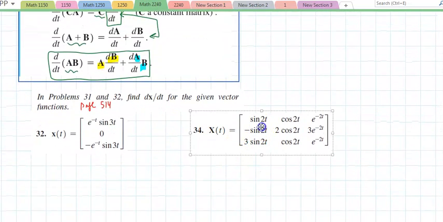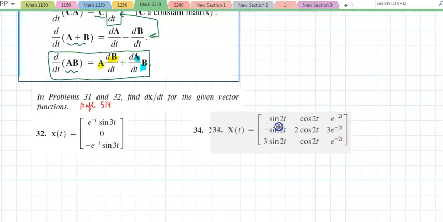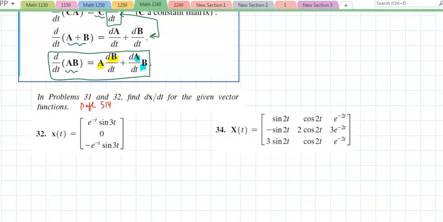And if I take the first problem, problem number 32, given x of t equal this, what is dx/dt? Well, dx/dt would be simply negative e to the negative t, the sine of 3t, plus 3e to the negative t cosine of 3t.